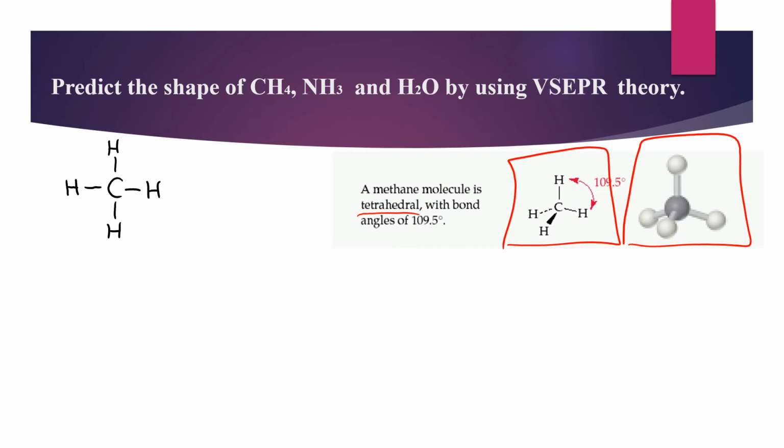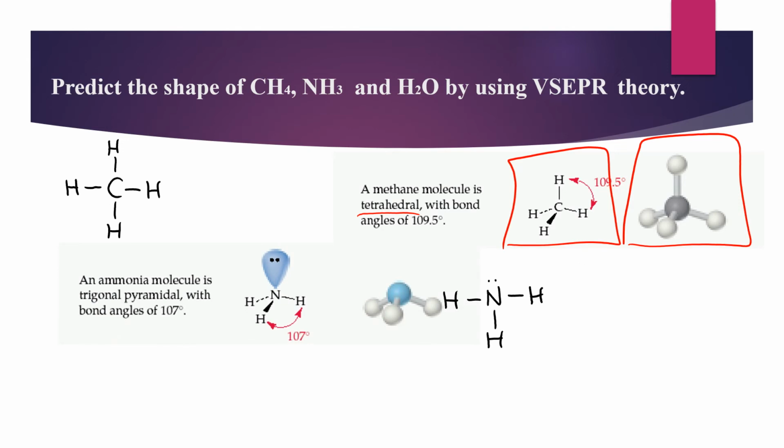Next, we have ammonia. Ammonia is nitrogen in the center with 3 hydrogen atoms attached to it, as well as 1 lone pair. And if we take a look at this, y'all, its shape should be trigonal pyramidal. Okay, trigonal pyramidal.